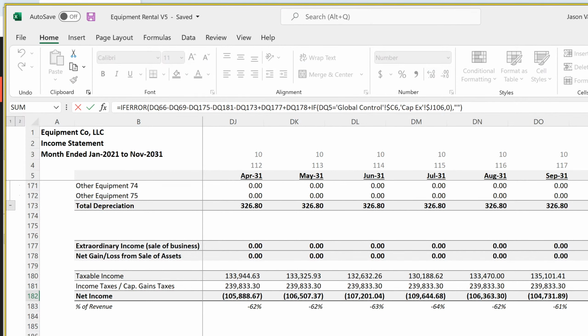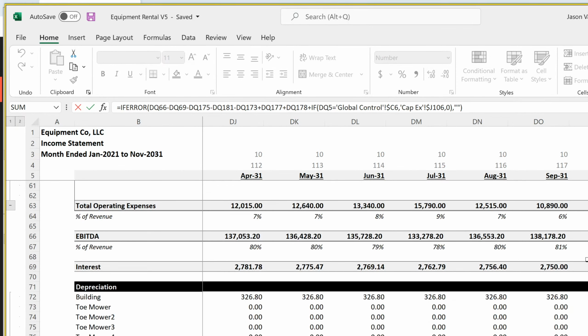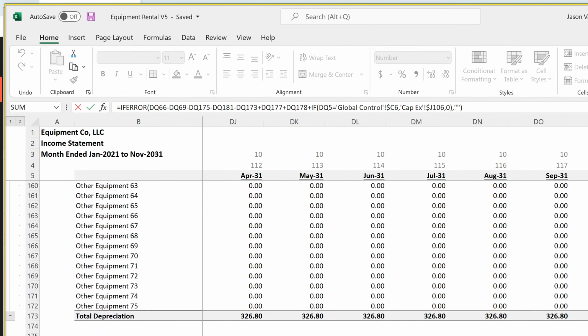Let me just walk through this in my head. So this is looking at EBITDA less interest less 75, nothing, less 181 taxes, minus depreciation, plus extraordinary income from the sale of business plus net gain or loss.